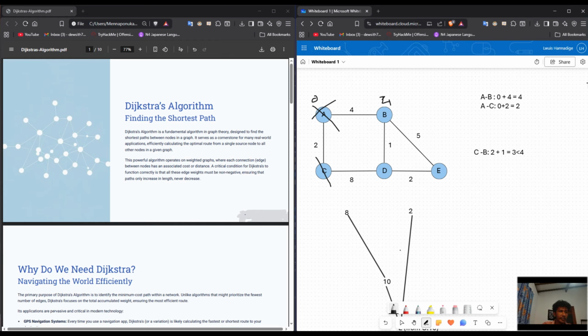From the second step we got the distance as 4, but now we find that 3 is the smallest. Then we can update 3 as the distance for B, because it's the smallest. If we got 6 in here, we wouldn't update it, because 4 is smaller than 6.